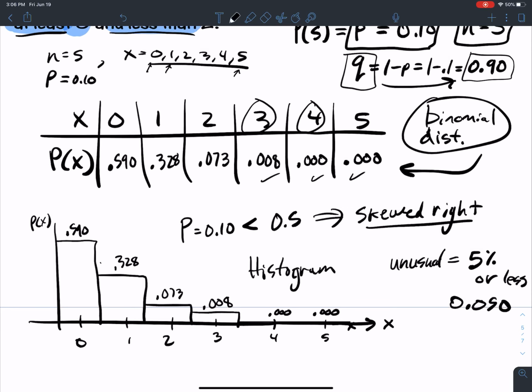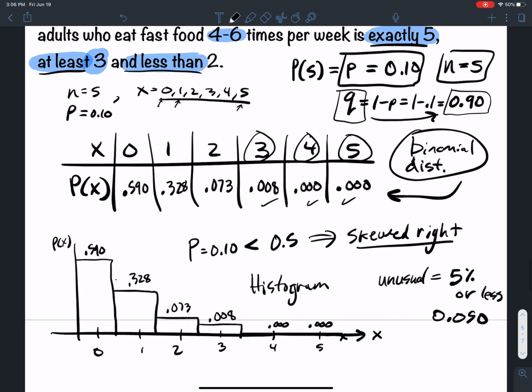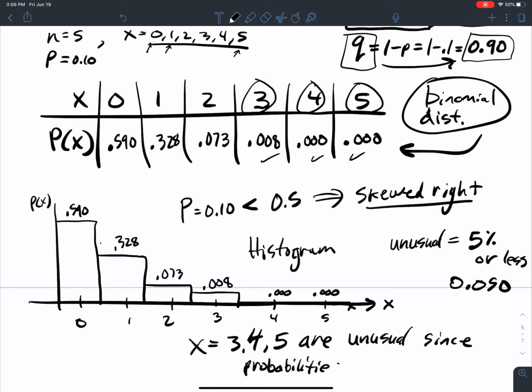So 3, 4, and 5 are unusual. Okay? So x equals 3, 4, and 5 are unusual since the probabilities are less than 5%.